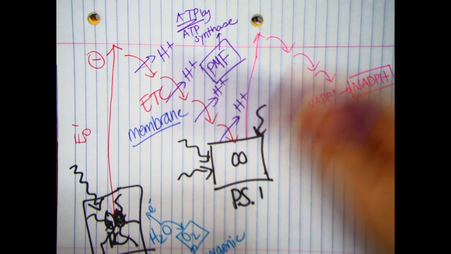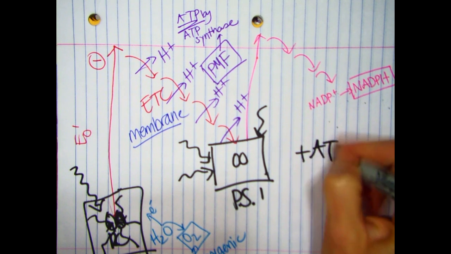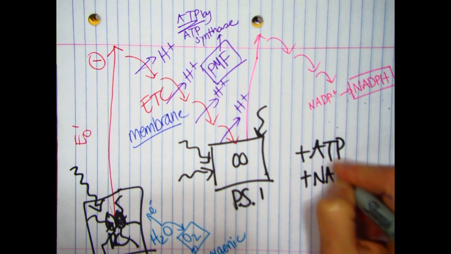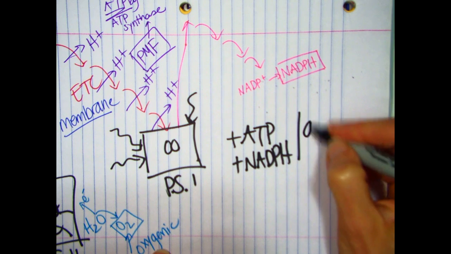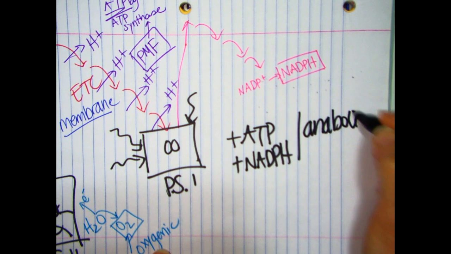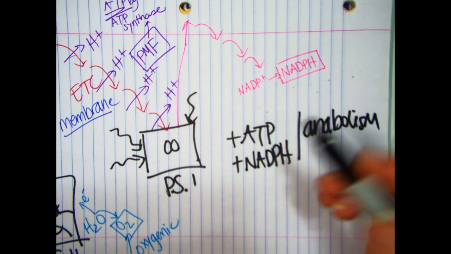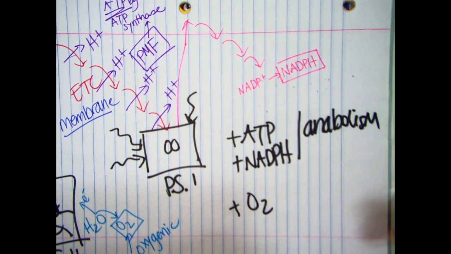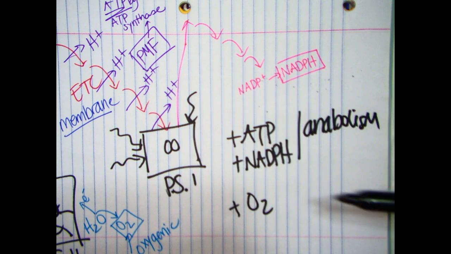So at the end of this process, we have successfully created ATP. We have successfully created NADPH. Both of these we will use in anabolism to make what we will learn later is glucose. And then we've also made oxygen, which is super useful to the rest of the planet, but weirdly is kind of a waste product of this particular process.